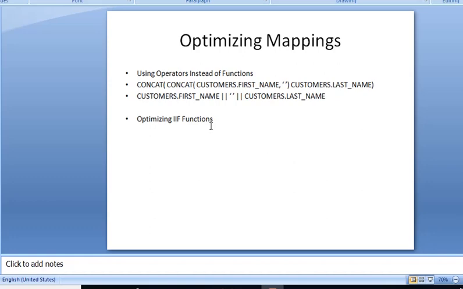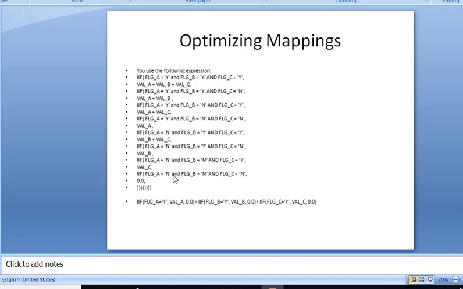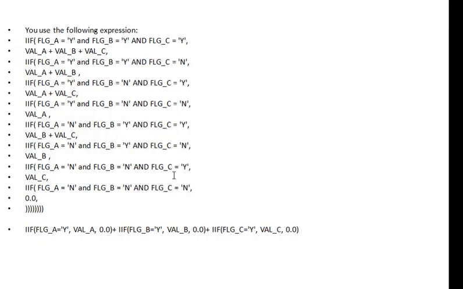And especially whenever you're writing the if else function, that is pretty important. If you see this example, I have 3 flags, flag A, flag B and flag C, and if any of the flags has a value of Y, I'm going to add that value.